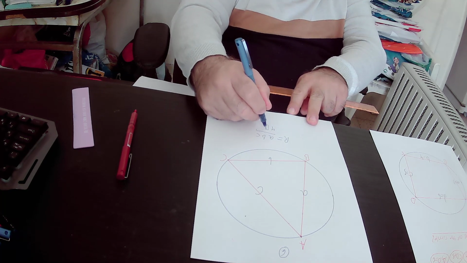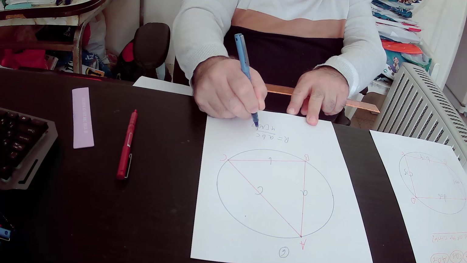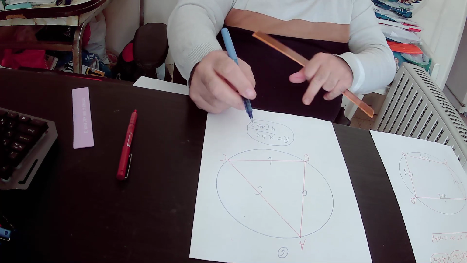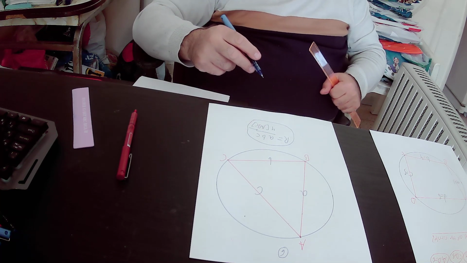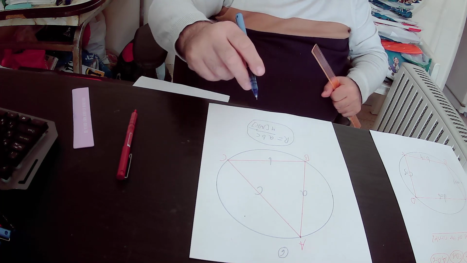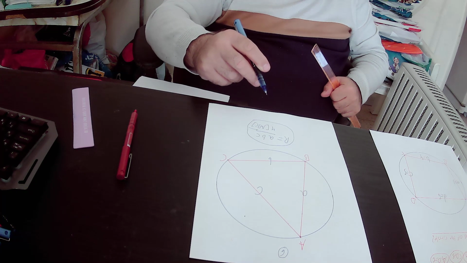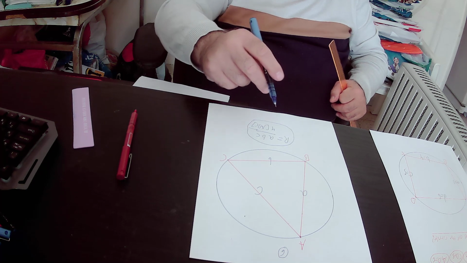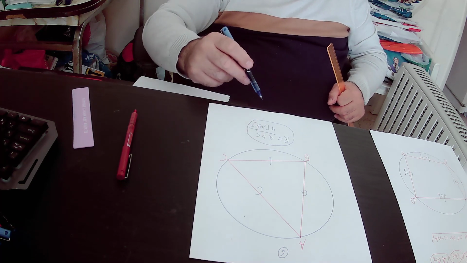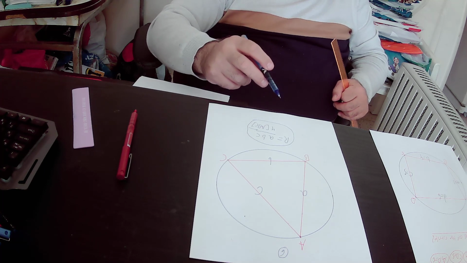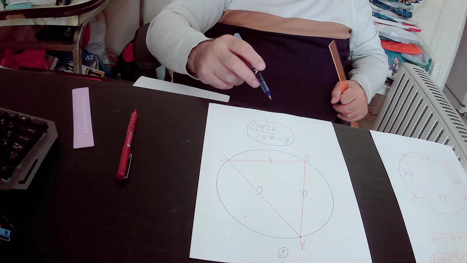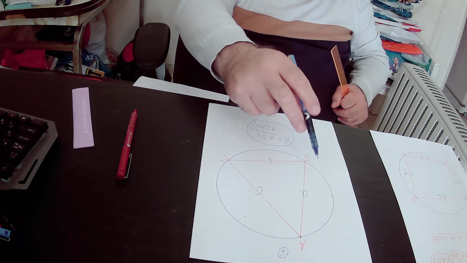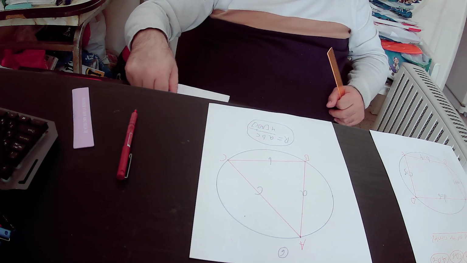So according to rule number 3, whenever you have a triangle that is inscribed in a circle, the radius of that circle will be equal to the product of its sides, in this case A times B times C, over 4 times the area of that triangle that is inscribed by the blue circle.